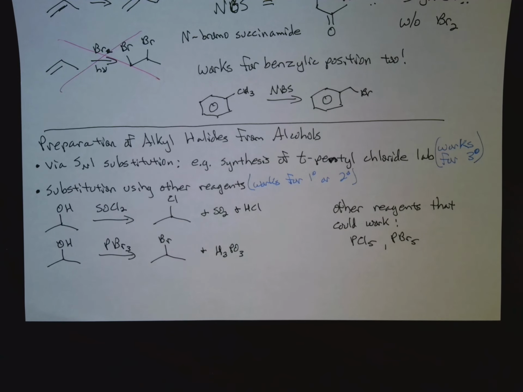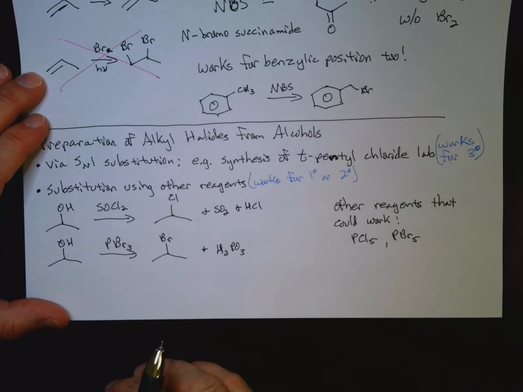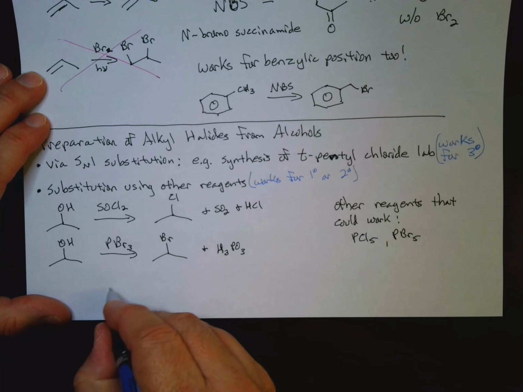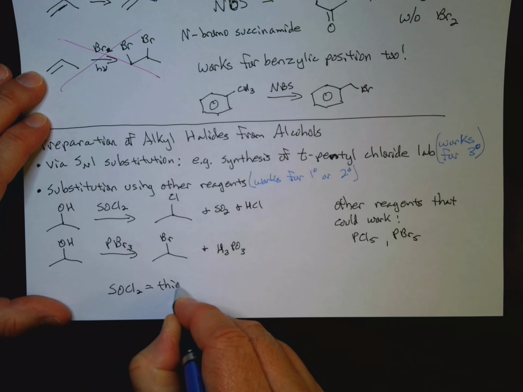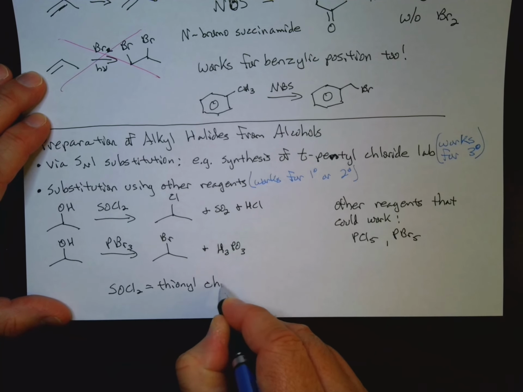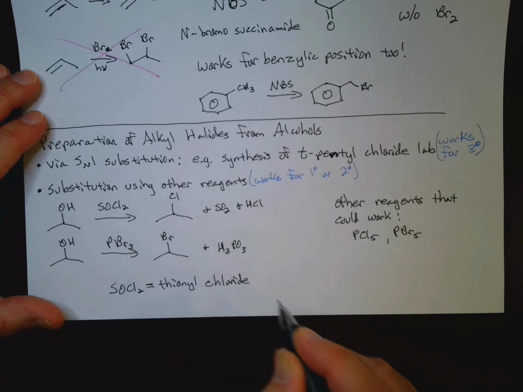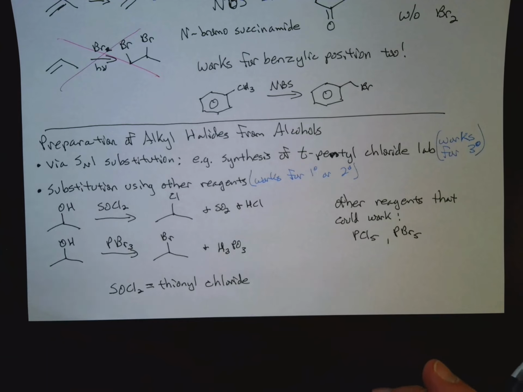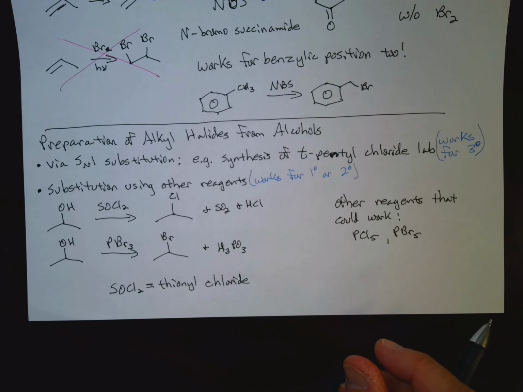PCl3 maybe, but these are typically SOCl2, which is thionyl chloride, and let me just write that here, SOCl2 equals thionyl chloride. Why am I telling you that? Because you might run into it. Well, hopefully you don't run into some thionyl chloride in a dark alley or something, but you might see a bottle of it in the lab next semester.